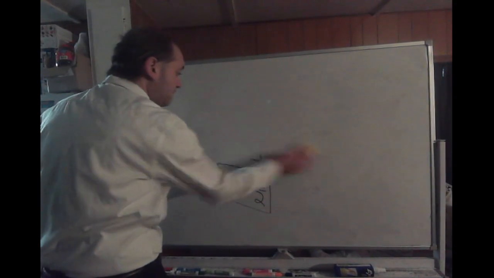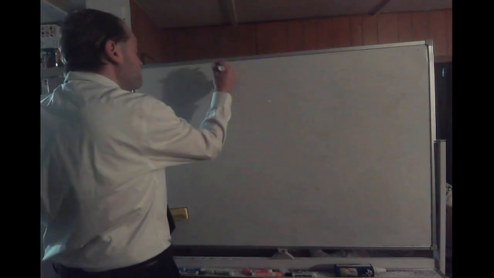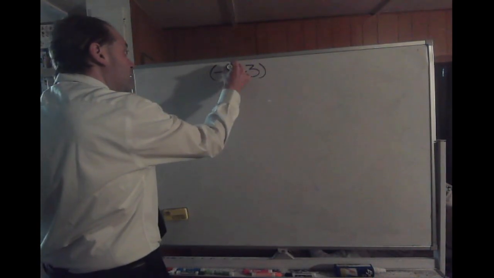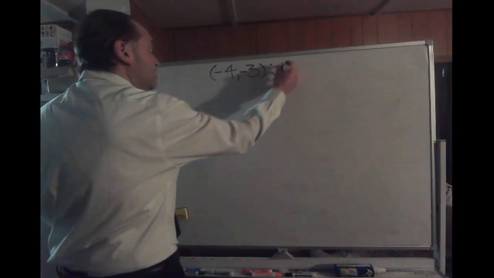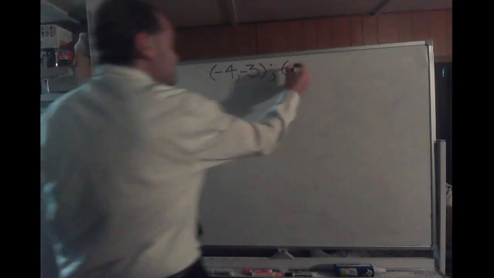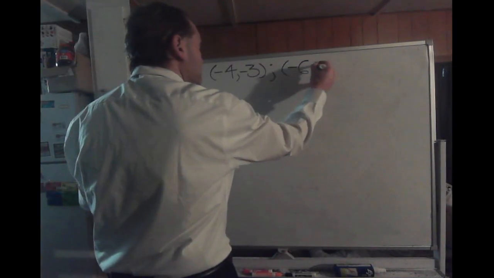I got just one more example here. Okay, what about (-4, -3) and then we also have (-6, -6).